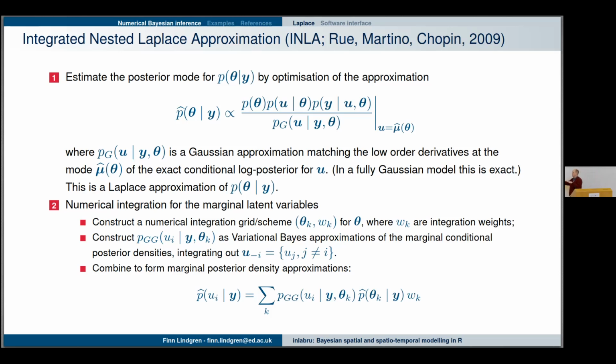So we integrate numerically over the covariance parameters, but it's a joint Gaussian approximation for the latent variables. And from there, you then get the marginal distributions. And also, this has been adapted to then produce samples from the posterior distribution that takes into account both theta and the latent variables.